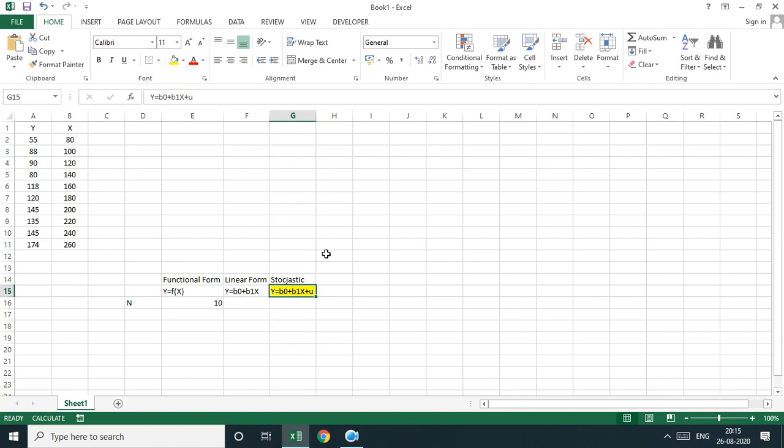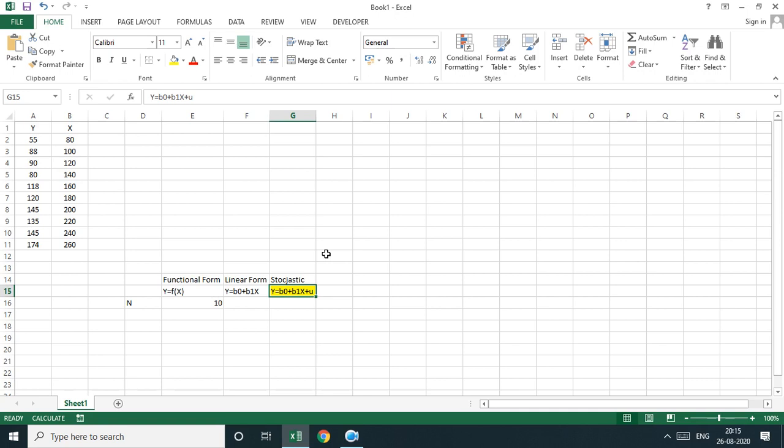It shows that y depends on x and some other values. The error term will capture all other omitted variables from the model that will influence y, but we are not including them in our model explicitly.